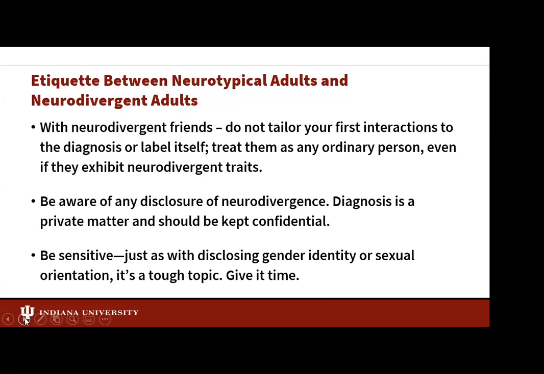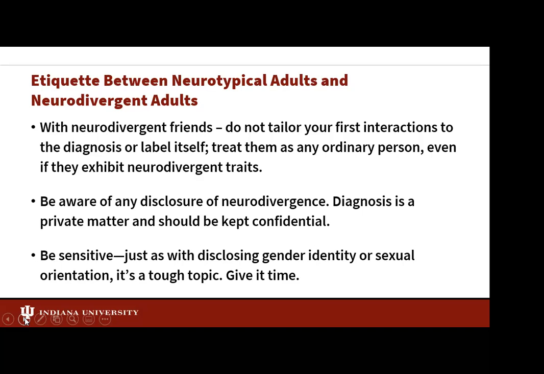Awesome. So I also now want to touch on neurotypical adults interacting with peers, adults who are neurodivergent. And this is possibly more apt for college, but with neurodivergent people who you want to be friends with or interact with in general, don't tailor your first interactions to the label of whatever their condition, diagnosis or identity is.